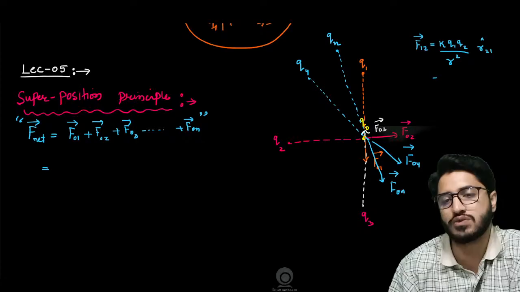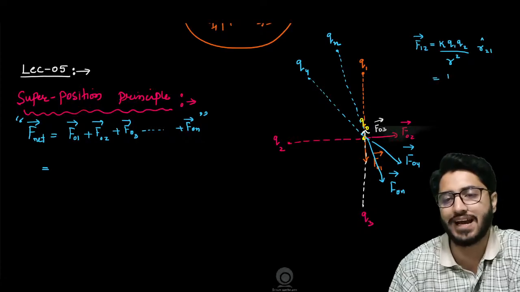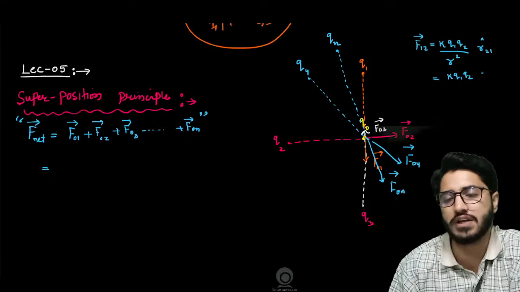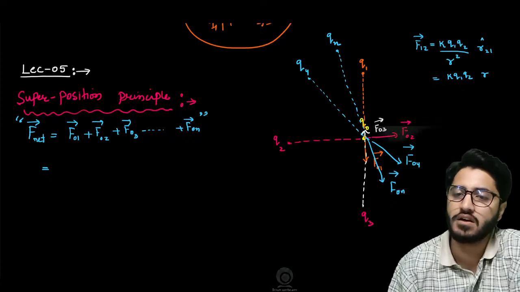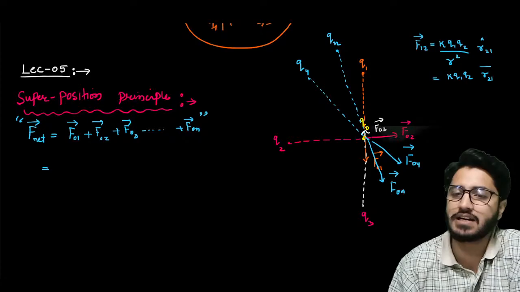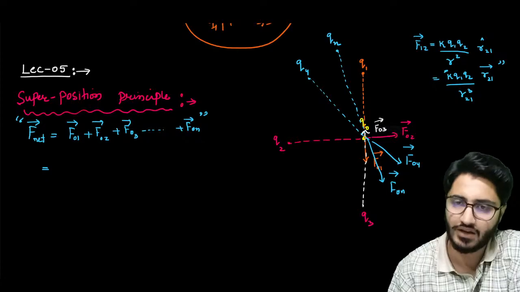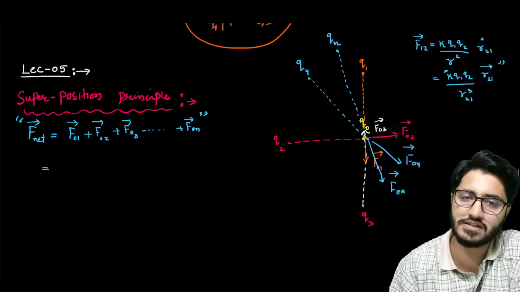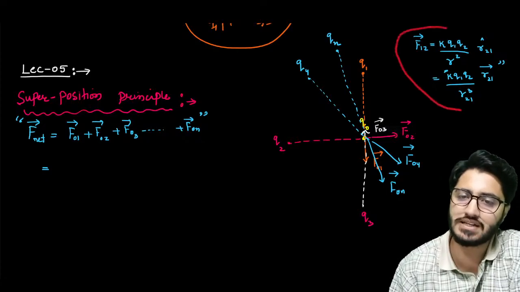If I open it, I can write it as K Q1 Q2, then R 2 to 1 vector whole divided by R cube, or you can write R 2 to 1 also. There is no issue. I guess these things we discussed in the last class.